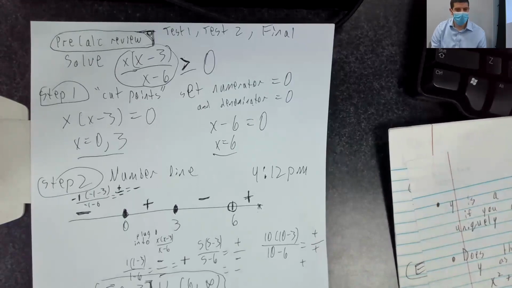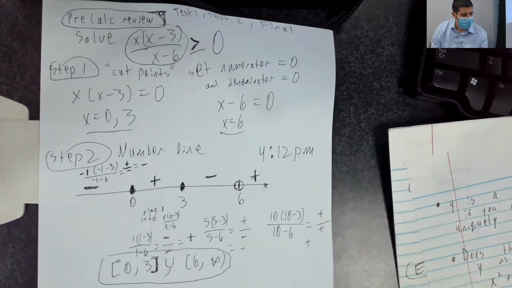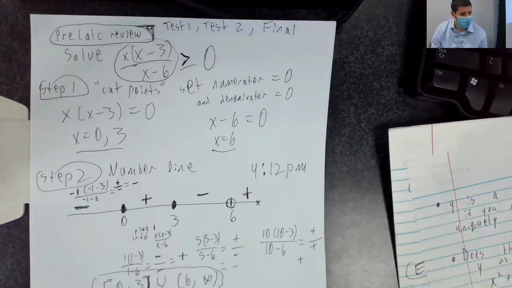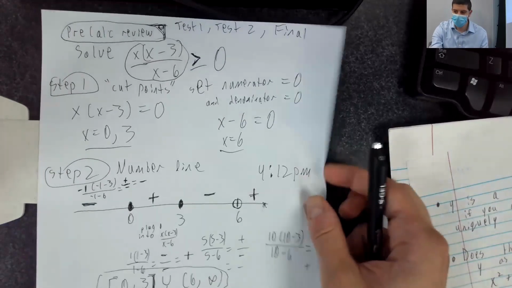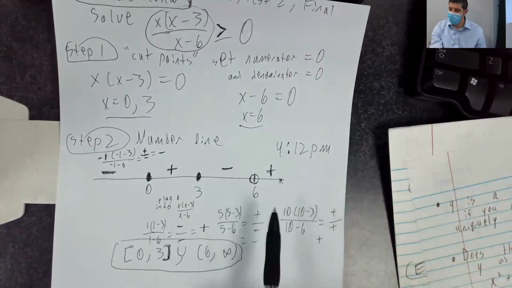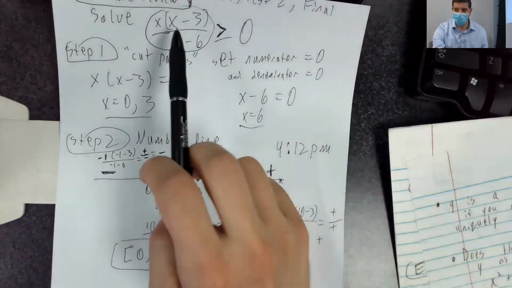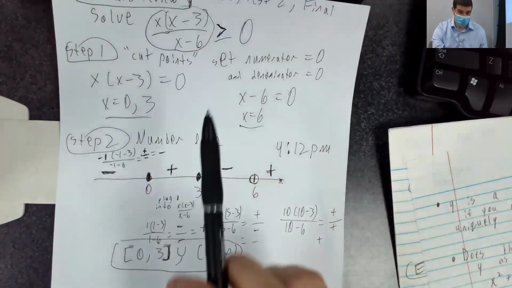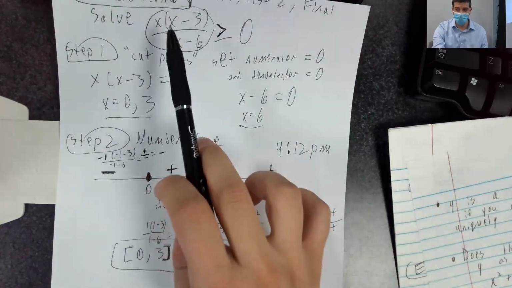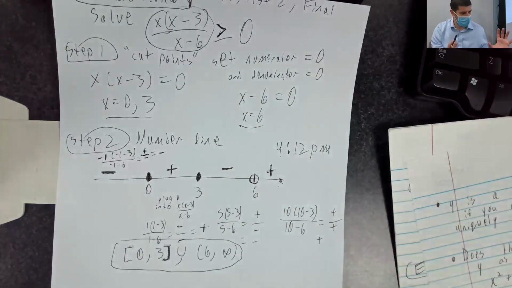We'll do a couple more examples, but is this okay? Are there any questions on this? So for the closed interval, we talked about setting the numerator. Yes, usually if it's coming from the numerator, it really just depends on the problem, but the numerator doesn't cause any problems.